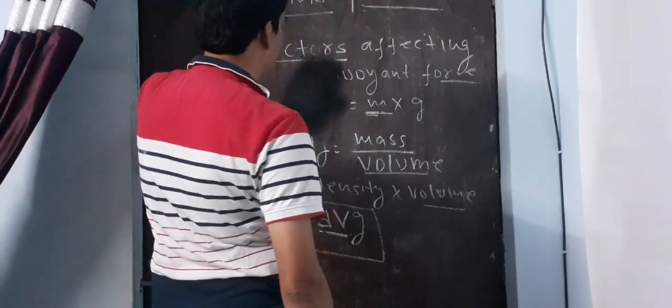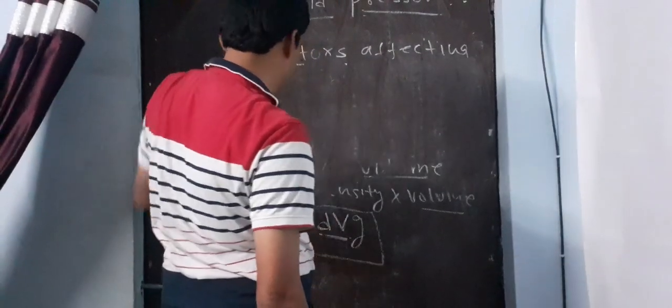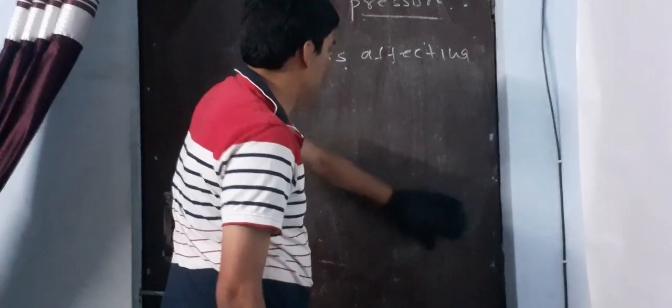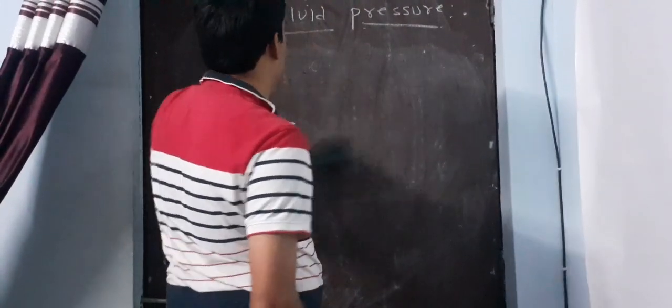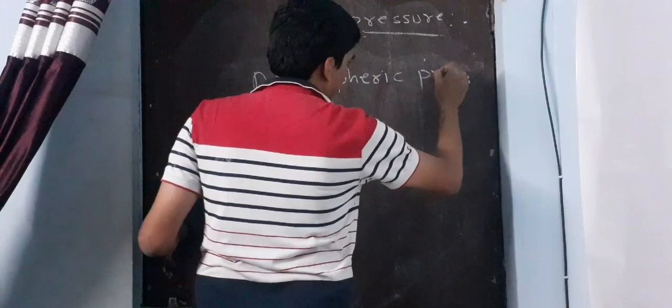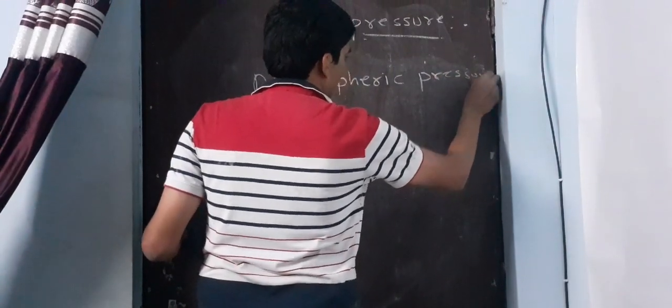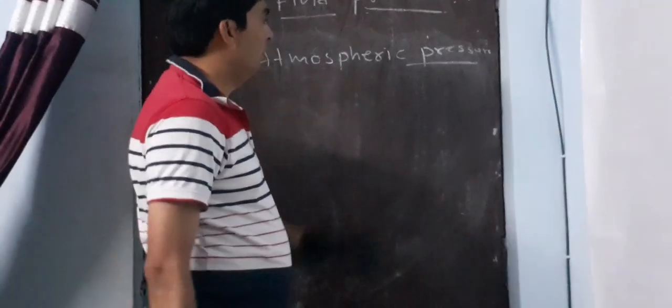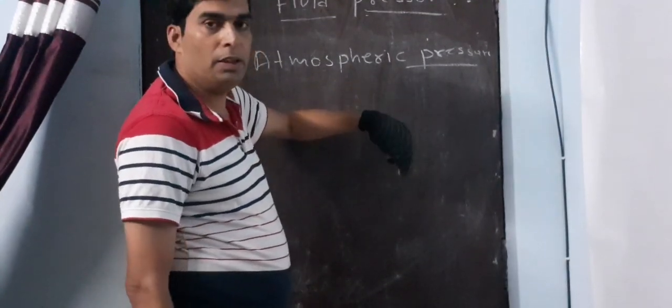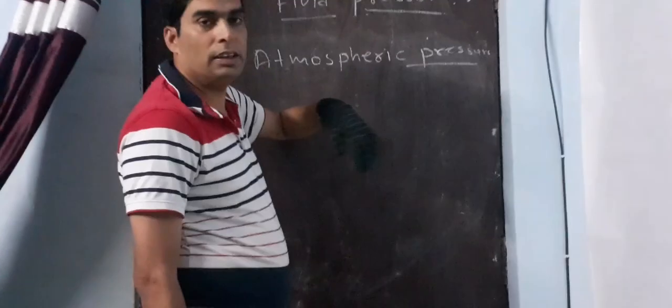Now we'll move to atmospheric pressure. Buoyancy is the force due to a fluid, but generally we have restricted it to liquids. In the case of atmospheric pressure, we will not consider liquids, but gases.